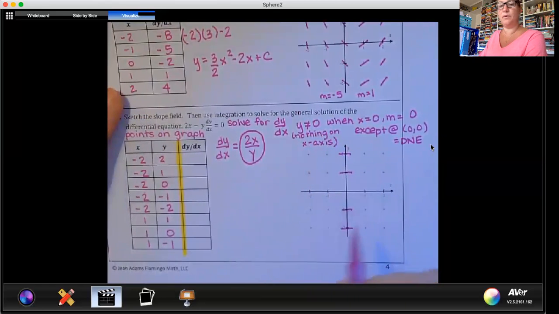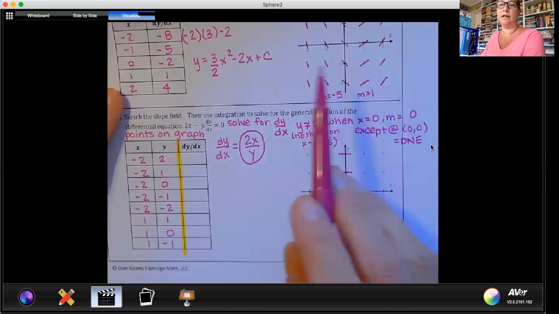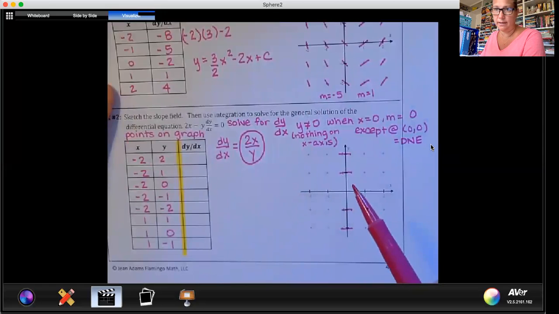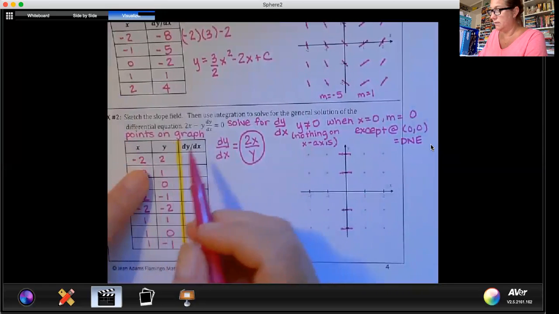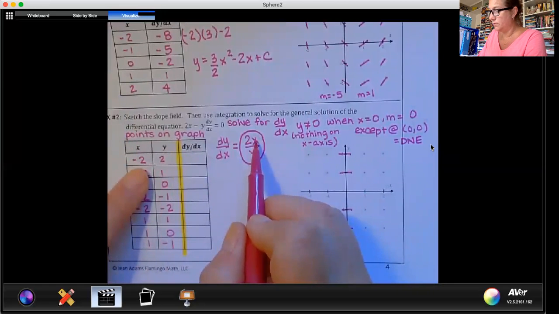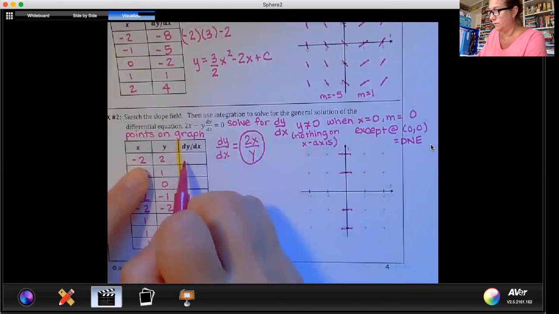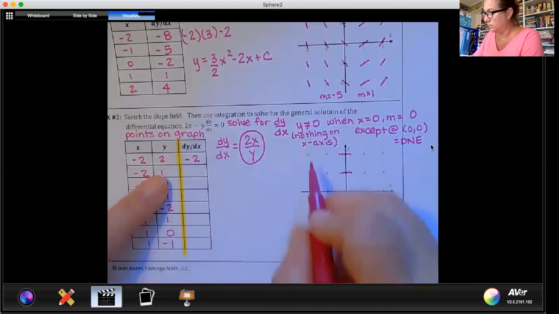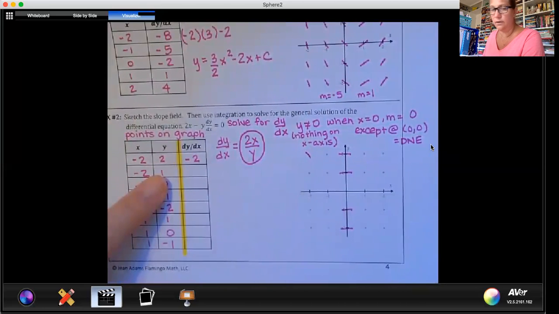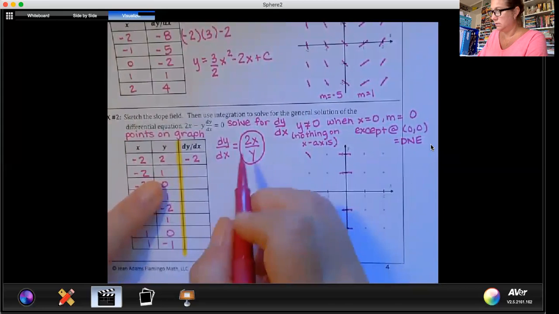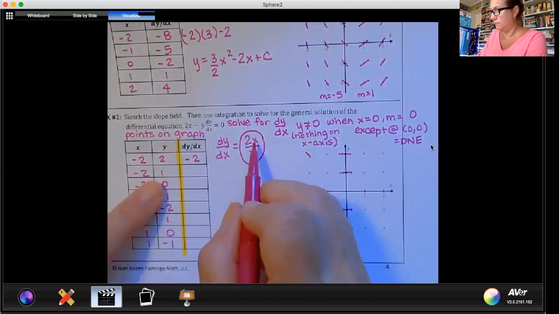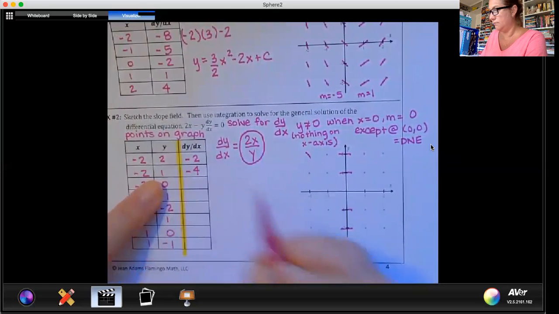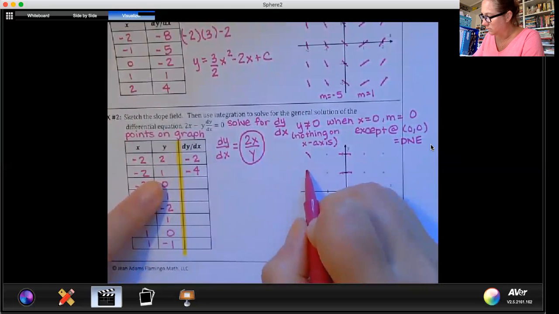Now, when you have multiple points and you know it's not going to follow a pattern, you can do them one at a time. So at (-2, 2), -4 over 2 is -2, so you have a slope of -2. At (-2, 1), 2 times -2, -4 over 1 is -4, a little steeper.